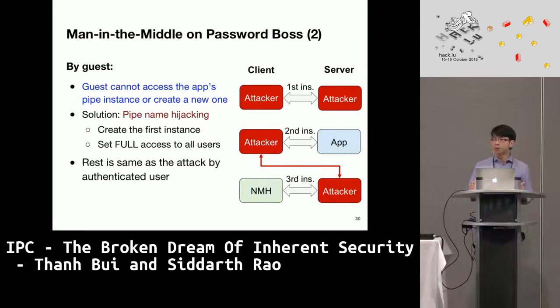The guest user could create the first instance of the pipe and set full access to all users. This way, when the app creates its instance, it doesn't even notice that another user had created the first instance of the pipe, and the access control of the pipe is not as expected. The rest of the attack is exactly the same as the attack by an authenticated user.